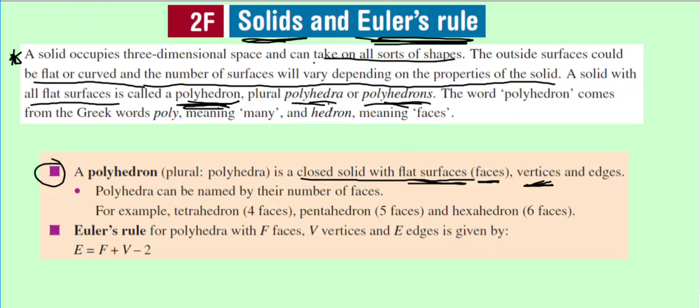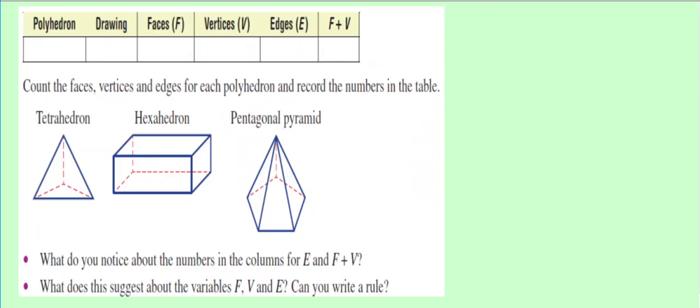And then we've got edges. So polyhedra have flat faces, vertices and edges. On this diagram, these are your edges, obviously, these are your vertices, plus each of the flat faces.